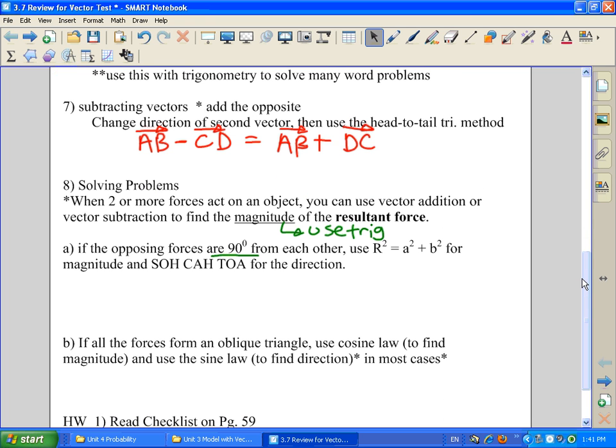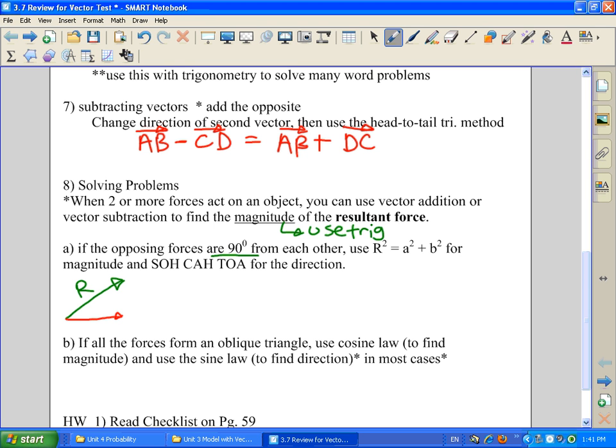Let's take a look at an example to set up how you could do this. Say we have the resultant here, which is formed by taking two separate vectors.